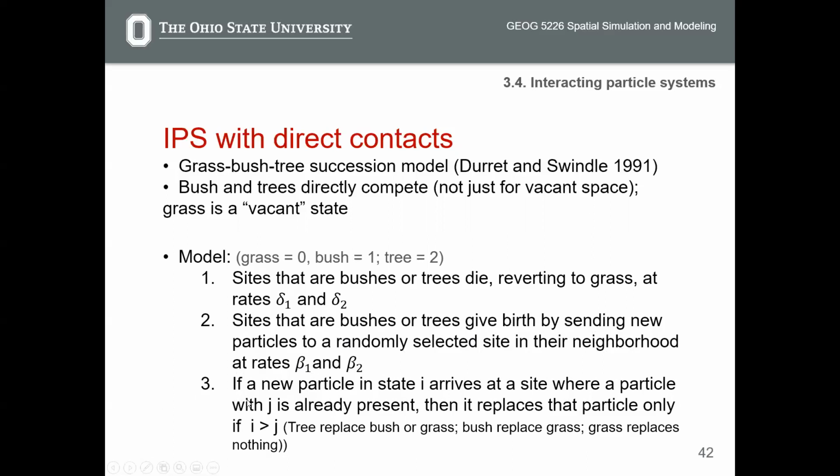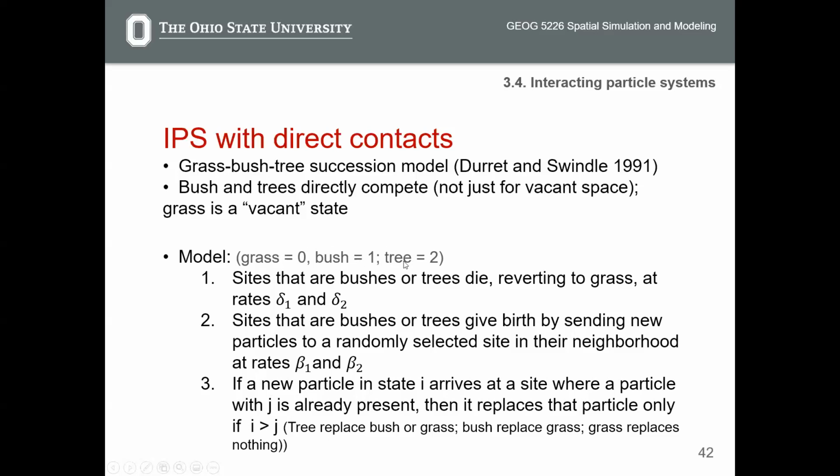And if a new particle in state I arrives at a site where a particle with J is already present, then it replaces that particle only if I is larger than J. What does it mean? If I is equal to 2, J is equal to 0 or 1, then 2 will replace that 1 or that 0.